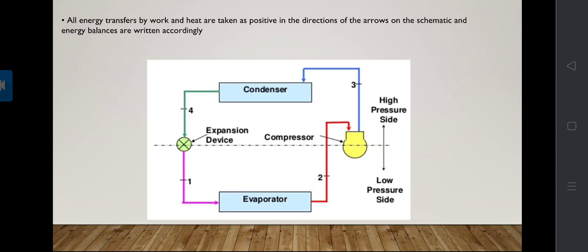Next is 1 to 2, the evaporator process. The low pressure liquid refrigerant after expansion enters the evaporator, where a considerable amount of heat is absorbed, and the evaporator converts it into vapor. This vapor at low pressure is sucked into the suction line of the compressor. This is all the working of the vapor compression cycle.